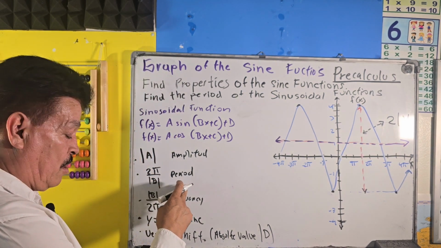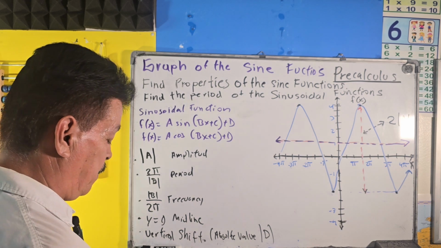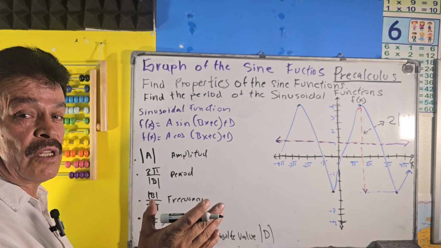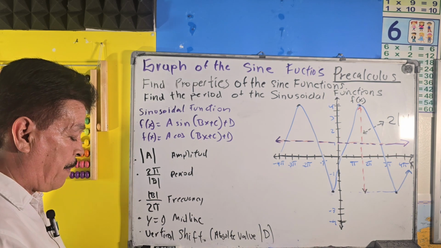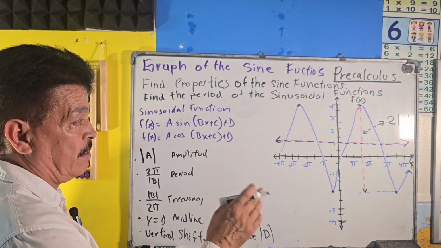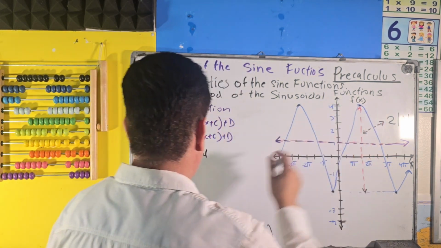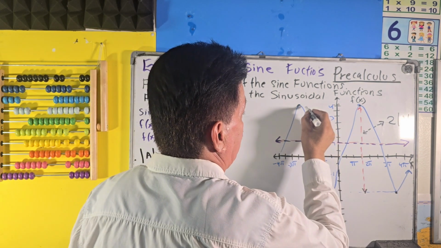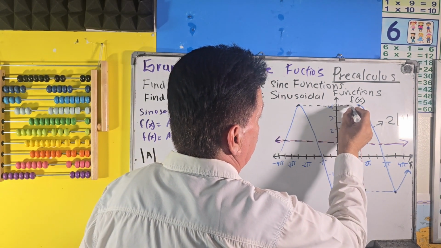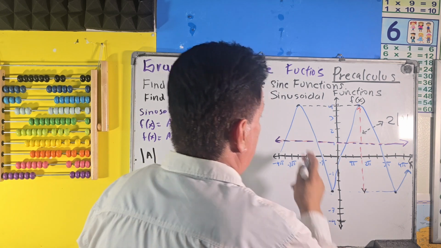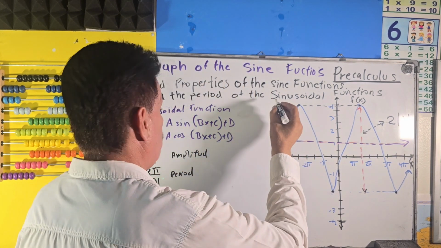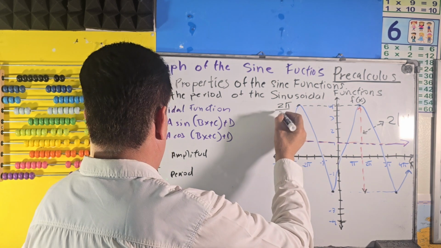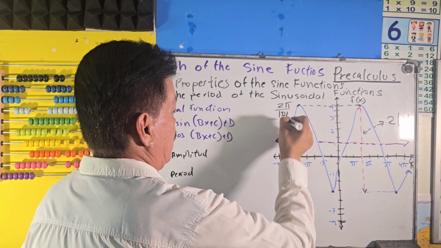This is the period. What I mean by period is the horizontal distance between two maximums. This one here is 2 pi divided by b.